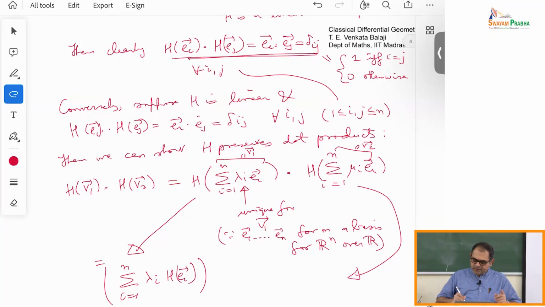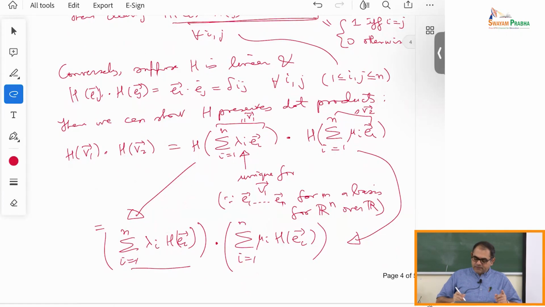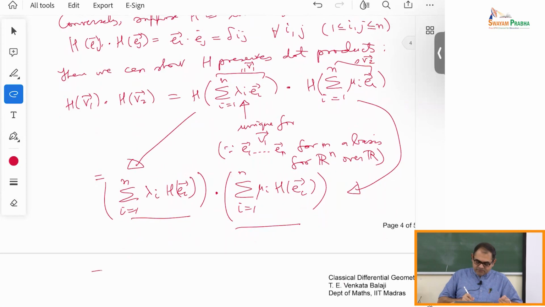I'm using the linearity of H, and this second term is going to be similarly, with a dot in the middle, summation i equal to 1 to n mu i H of Ei. Now the dot product is distributive, and scalars can be pulled out. So this expression will become a double summation.